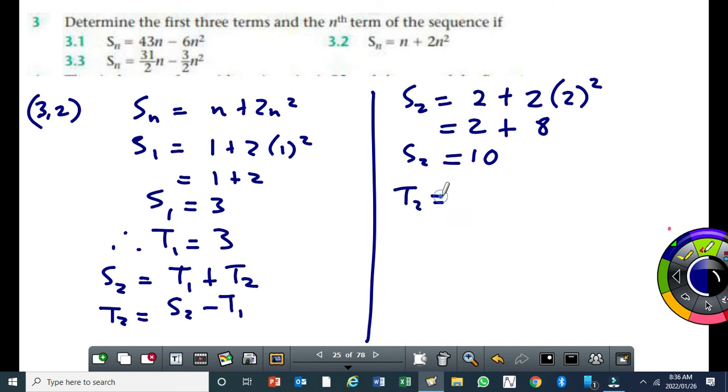So, T2 is going to be S2 minus T1, which is equal to 10 minus 3. And you get T2 as 7. Okay? You're following that?